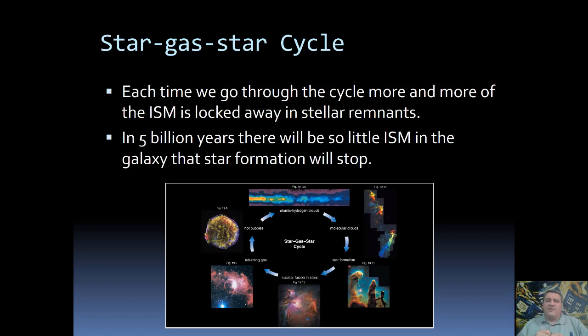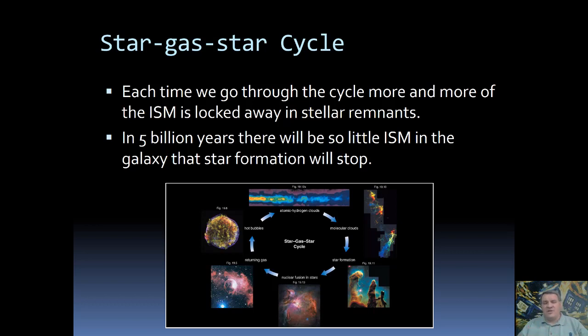Now, each time we go through the cycle, we're actually going to lock away some of the interstellar medium into some kind of stellar remnant. White dwarfs, neutron stars, and black holes, all of that material is stuff that was a part of the interstellar medium before the star formed. And those things are not going back into the interstellar medium.